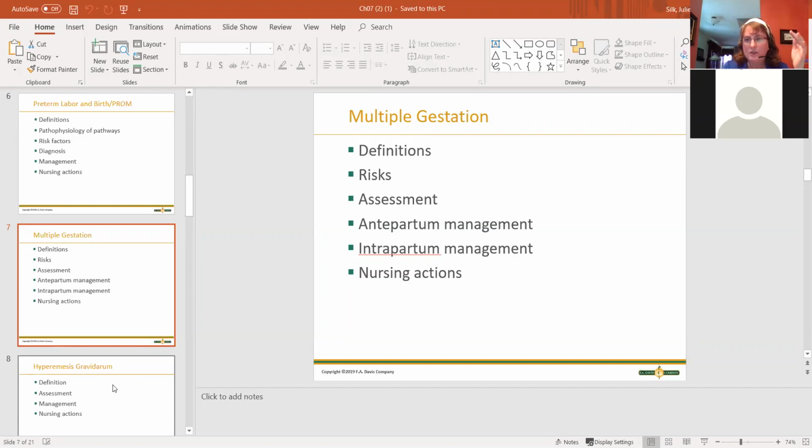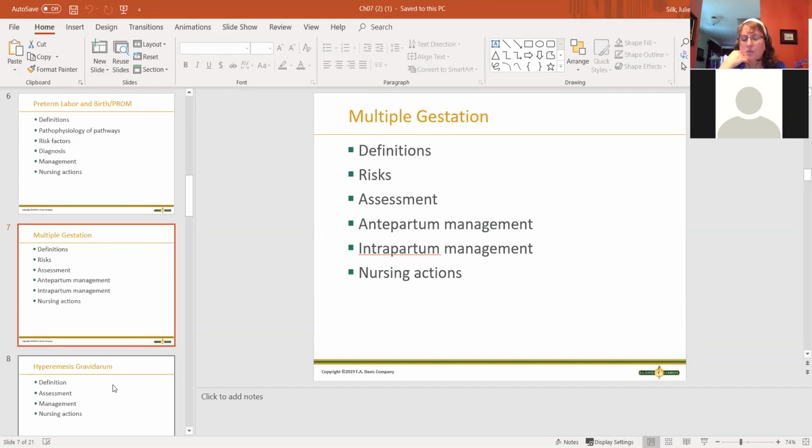There's like a huge list of things. And then the newborns are going to be at increased risk of morbidity and mortality. They would be at increased risk for preterm delivery, low birth weight, and intrauterine growth restriction.